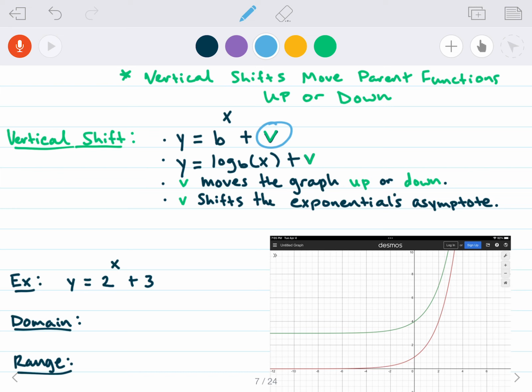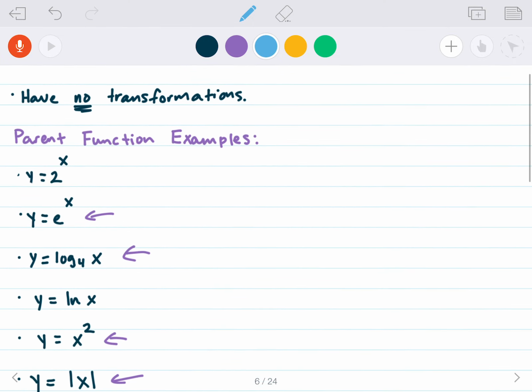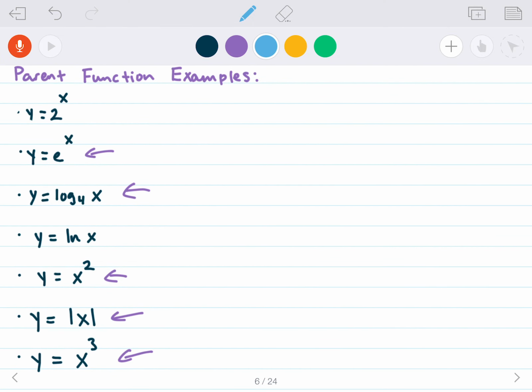We could also subtract a number v and move it down v units. Same thing with the logarithm. We can really do this to any parent function. So any of the functions on this list, you can add or subtract a number, and it's going to either move it up or down depending if you add or subtract.